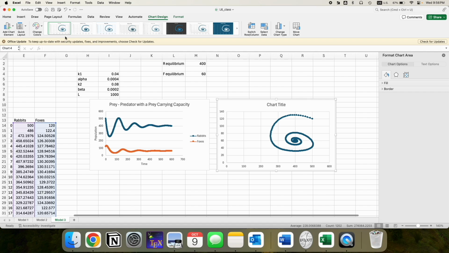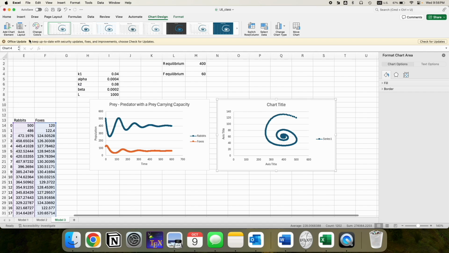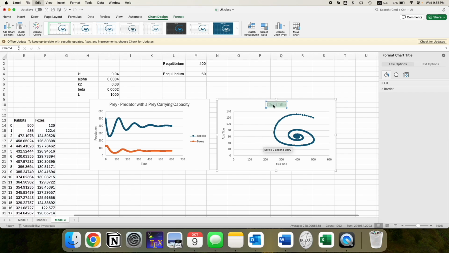Click on the graph, go to Quick Layout and change that to Layout 1. Delete the legend, we don't need the legend in this case. The chart title should be rabbits versus foxes. For the x-axis title, you have rabbit populations, and for the y-axis title, you have fox populations.